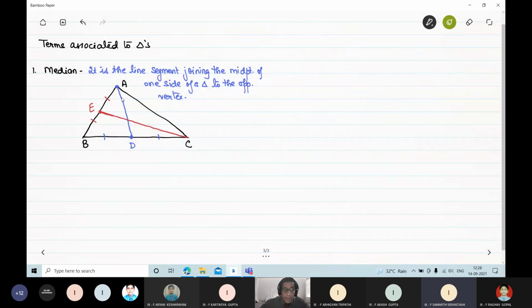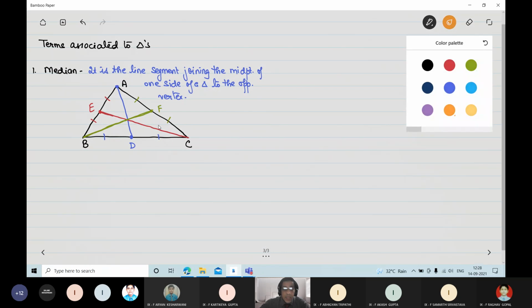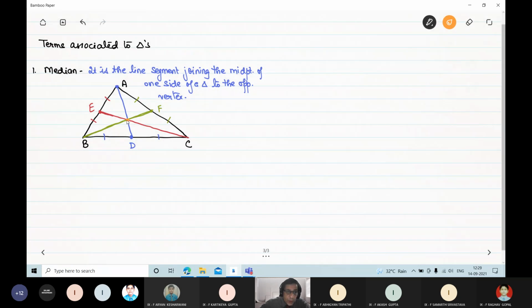Then the third side is AC. The midpoint of AC, let's say this is F, so AF is equal to CF. If you join it to the opposite vertex, that is B, BF is the median.